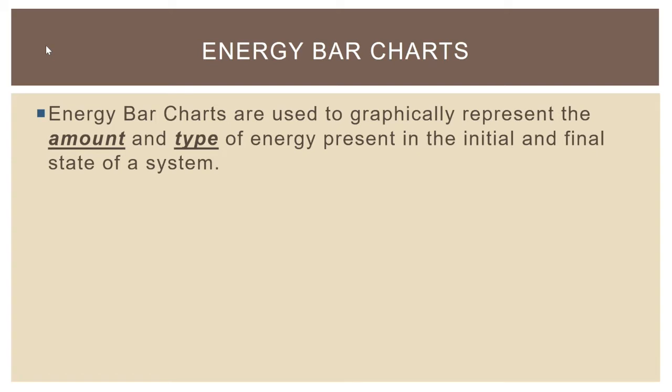And so depending on the exact situation, and you'll see what I'm talking about here when we take a look at our first example, they will show you a bunch of different kinds of energy sometimes, or just one kind of energy sometimes. And essentially what you'll have to do is draw in the values of these charts. It's basically just like a column graph to show the different amounts of energy existing in different forms.